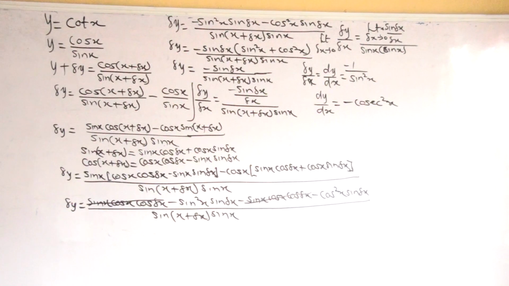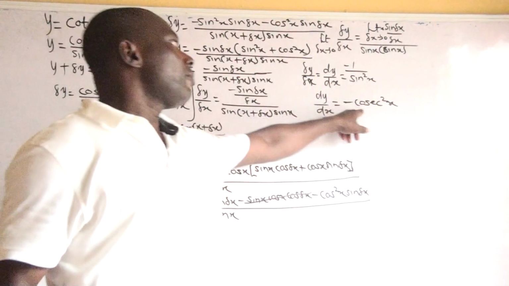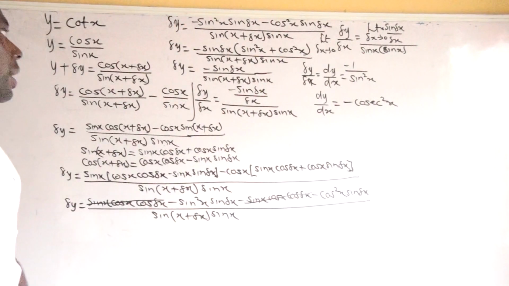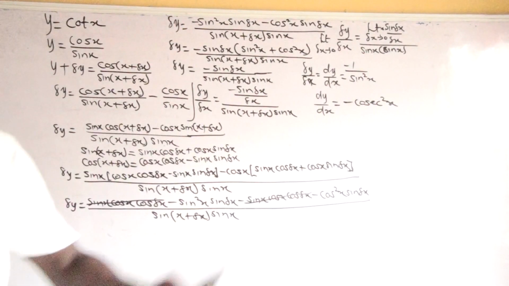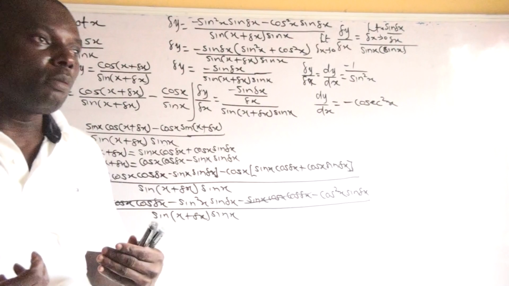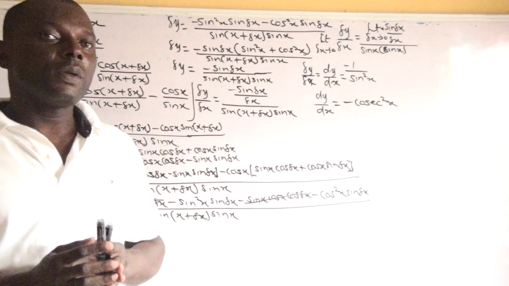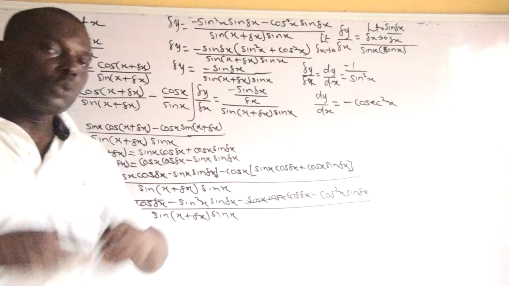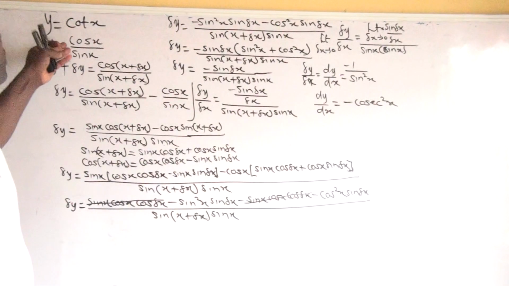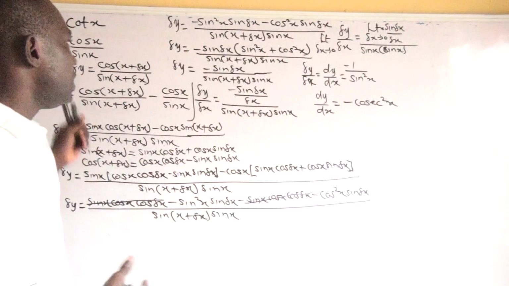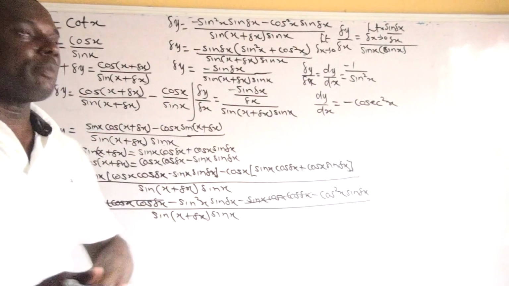So that is the derivative of this. So dy dx of cot x is usually minus cosec squared x. Here we have used the principle of first principles to establish this. We can also use the quotient rule to do this, but first principles also establishes this.